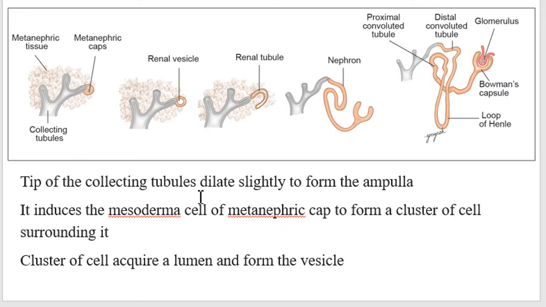So the collecting tubules: this is the tip of the collecting tubules. It dilates and forms the ampulla.